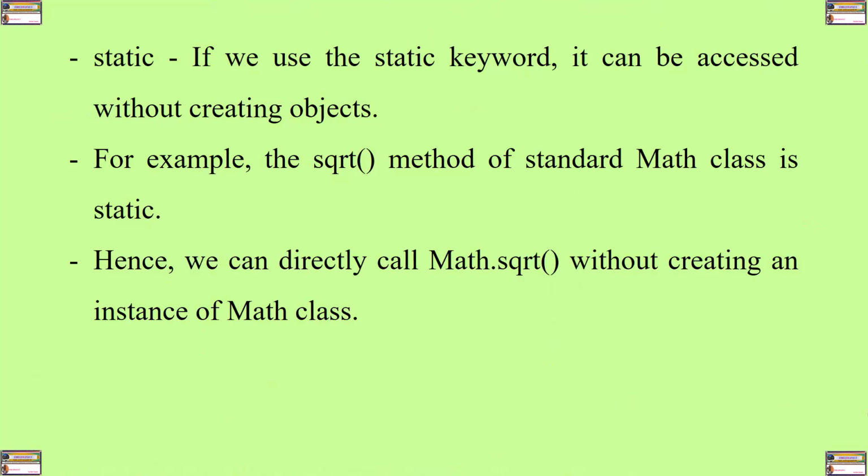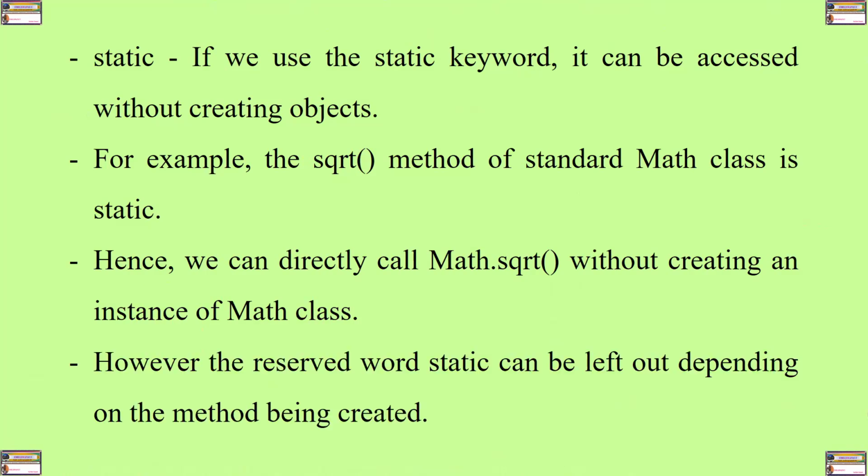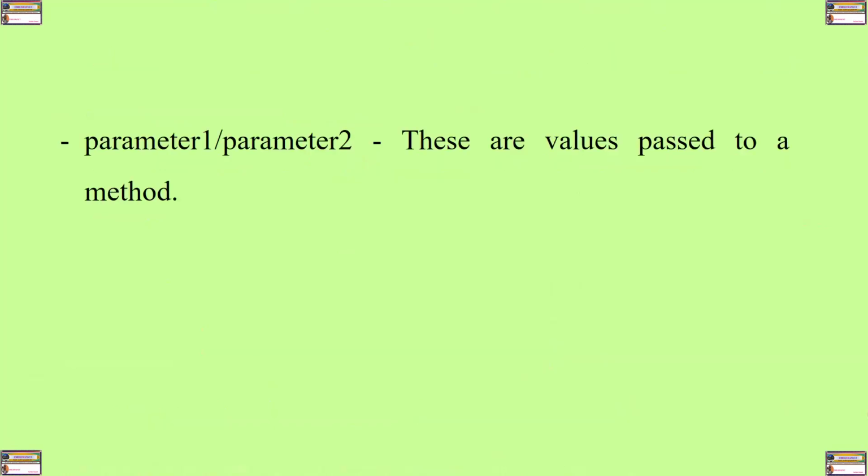Hence, we can directly call Math.sqrt, or we can directly call the square root method from the Math class without creating an instance of the Math class. However, the reserved word static can be left out depending on the method being created.